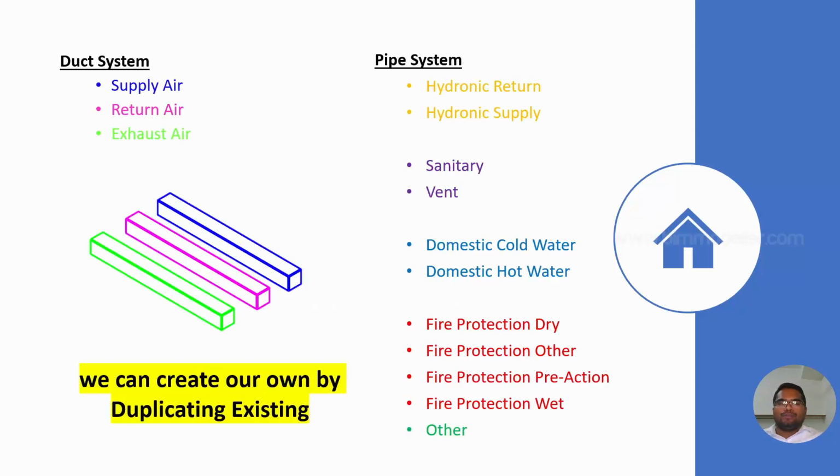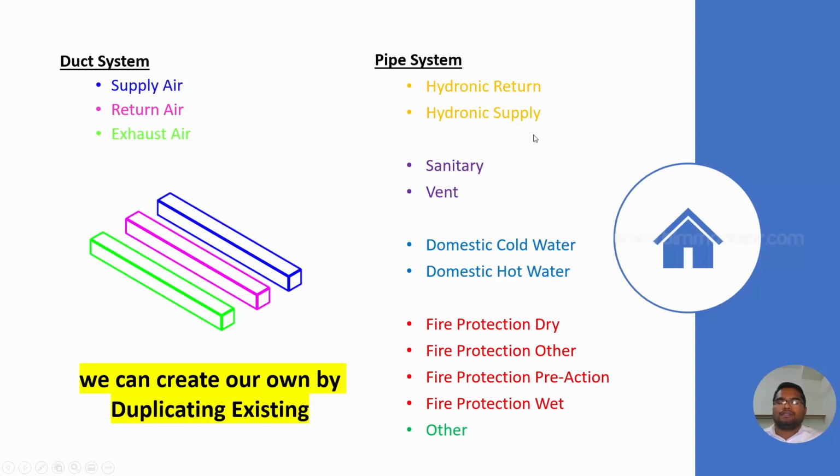In Revit also, you'll have different systems by default: duct systems and pipe systems. For example, in duct systems, supply air, return air, and exhaust air systems are available by default in the system default template. If you are using the pipe systems, you'll have all these defined systems available.